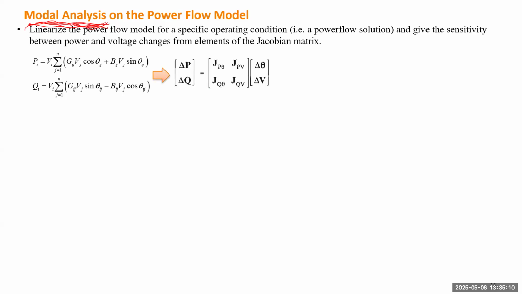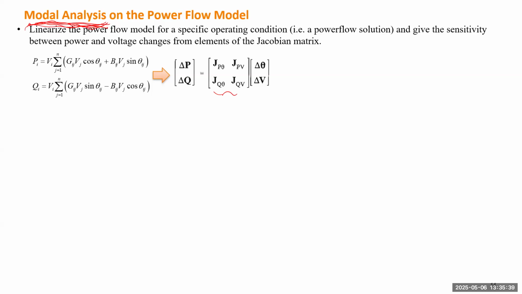And if you decide the operating condition, you can linearize the power flow equation by using this linearized version. So this linearized version is useful to solve power flow in the Newton-Raphson approach. So in the Newton-Raphson approach, basically you just use those Jacobian matrices to iterate based on an initial guess until you can converge to a power flow solution. But here we can use the same Jacobian.